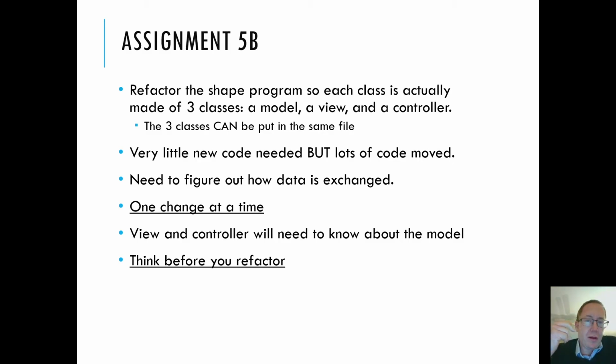We're going to refactor it so it uses a model view controller approach. And technically, you could put all 3 classes in the same file. That's what I'm going to do for the triangle class and what I did for shape 2400. Or you can make 3 different files. That's fine. Probably easier to do it all in one file.